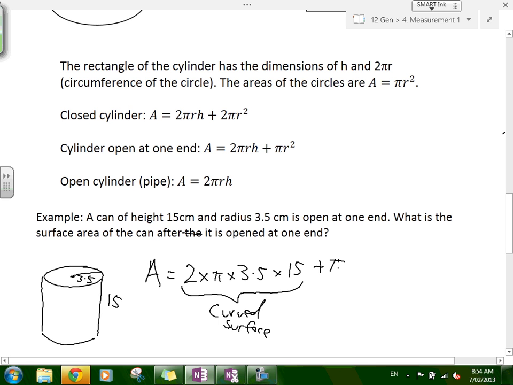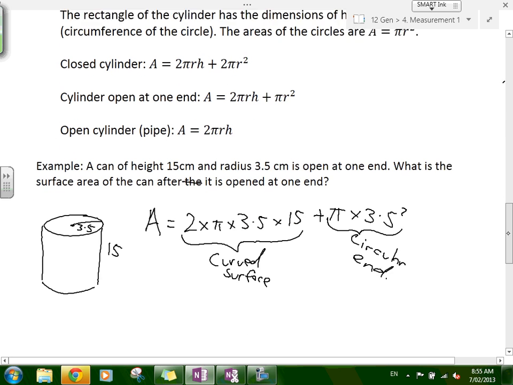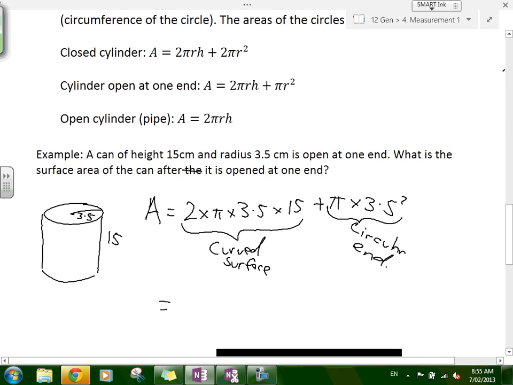So it's pi times 3.5 squared. That's the circular end. So if someone could work this out for me. 368.35. And it's square centimeters. Make sure you take note of the units.